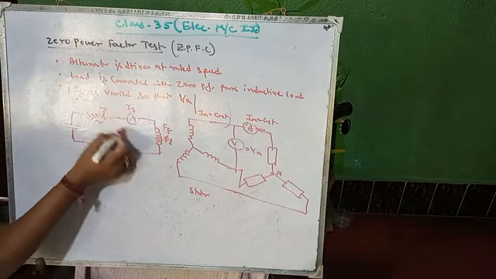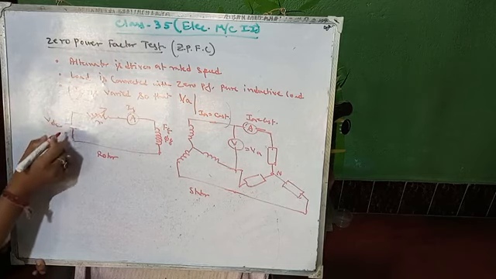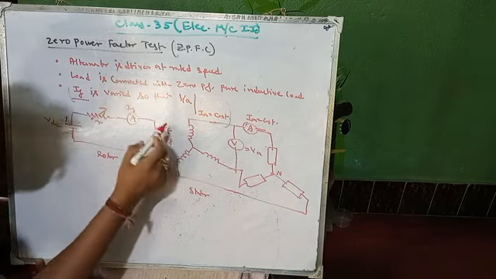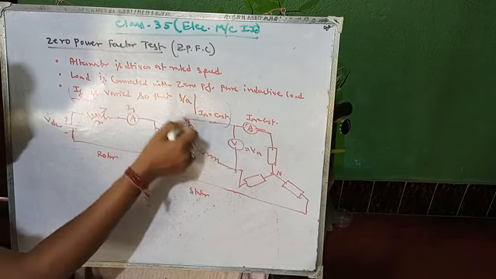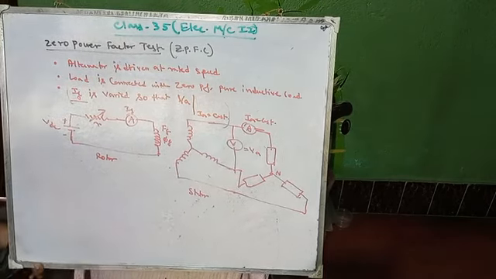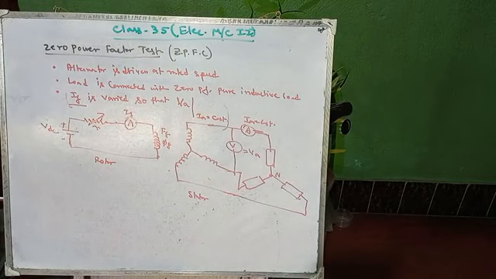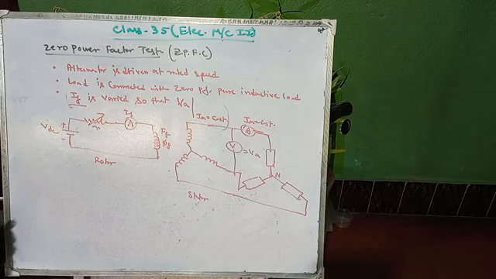So IF should be varied in such a way that IA is constant, and you have to read the voltage reading one by one.